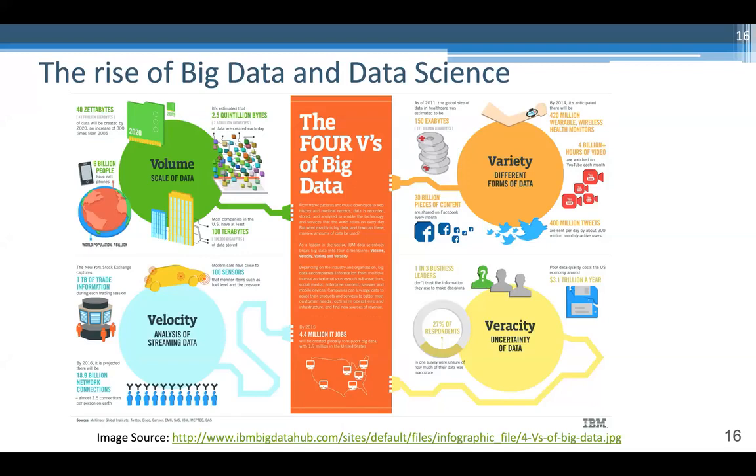In addition to that, we're also collecting a lot of different kinds of data sets. We are collecting data sets in the context of audio, video, images, social media, graph analytics. So there are a lot of different kinds of information being collected. In addition, the information is coming at a much faster pace.